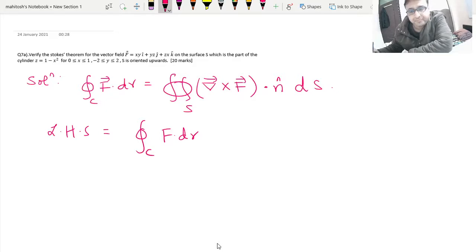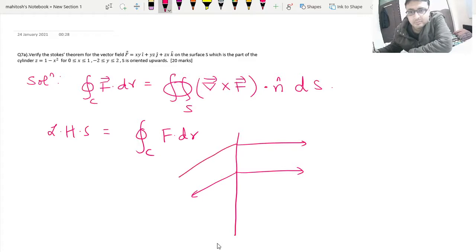First thing is that we will be drawing the graph. So first, this is called x, z.